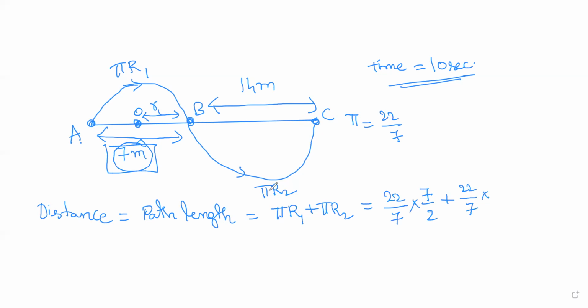Now the second one is 14 meters as the diameter, and then the radius happens to be 14/2. So pi r is the circumference of the semicircle.